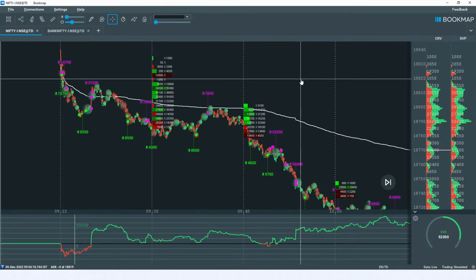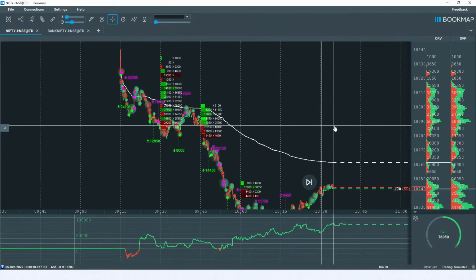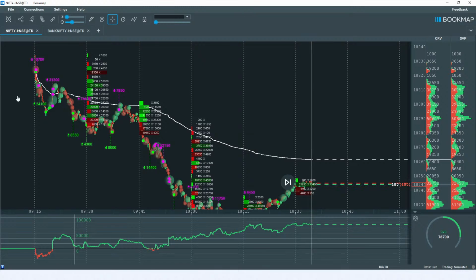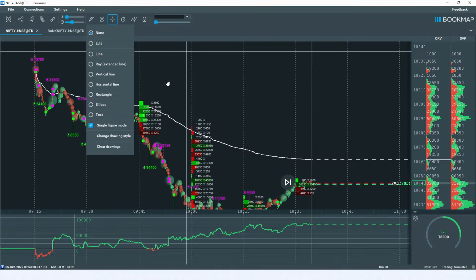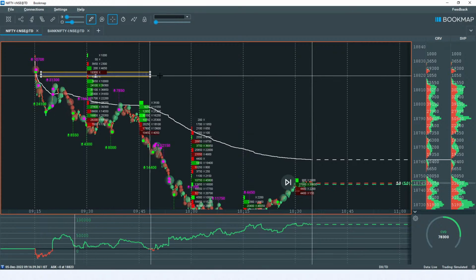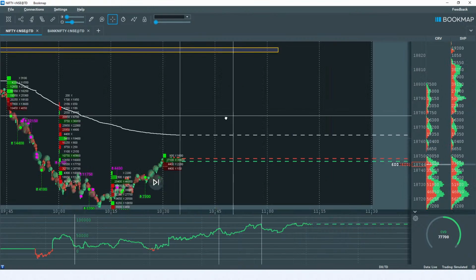So obviously that is one of the critical levels for the entire day. So this entire range is going to play a critical role for today's market.